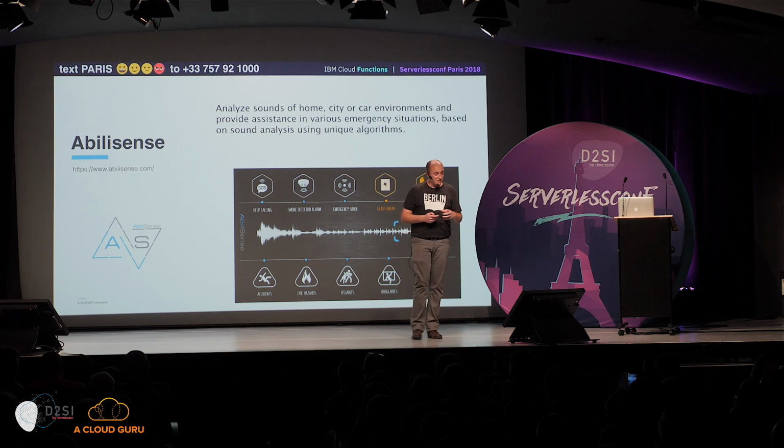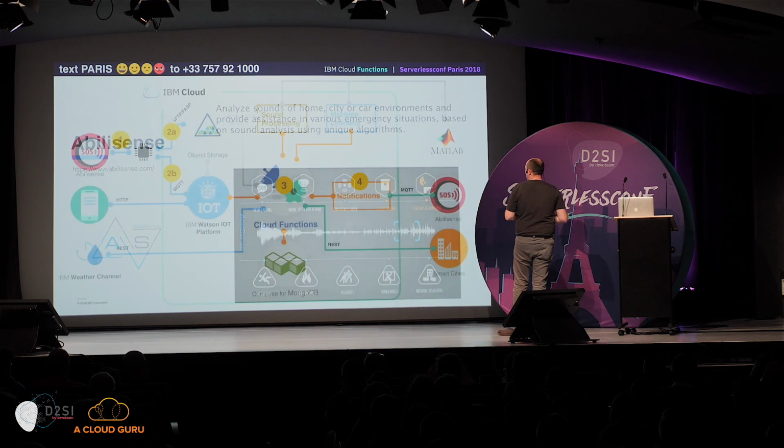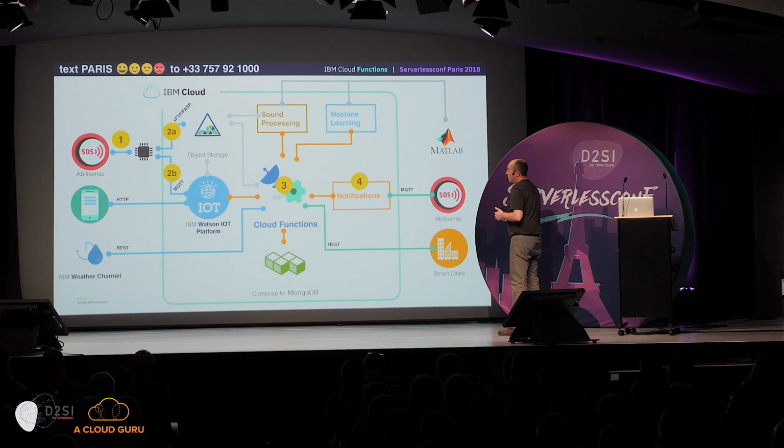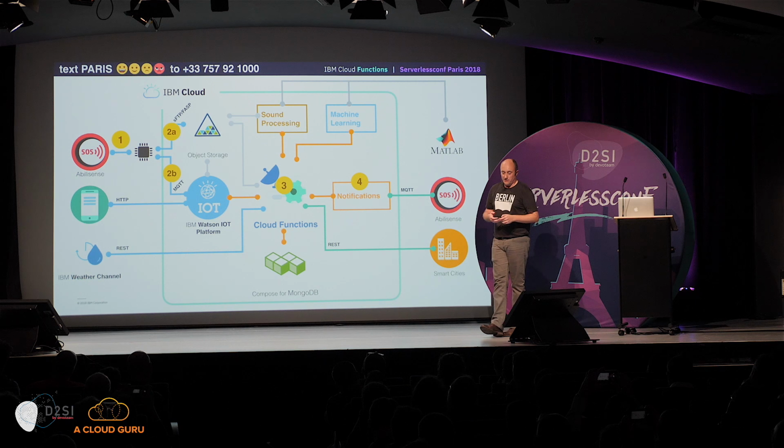And all this, they are doing it also with a serverless platform. With such an architecture, the starting point here is the appliance sending data to an IoT platform, but also storing the audio files that are being recorded.